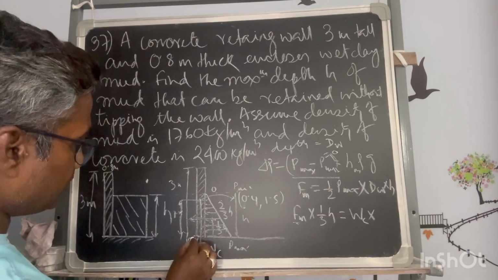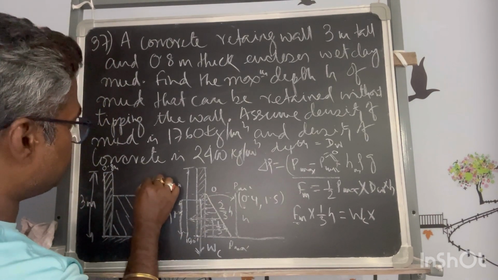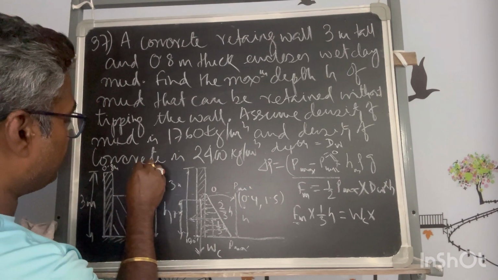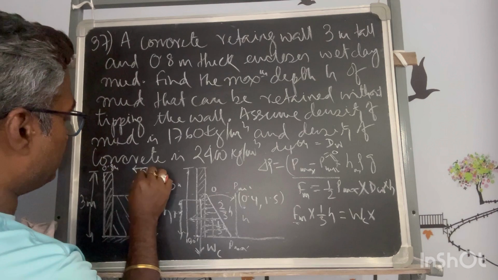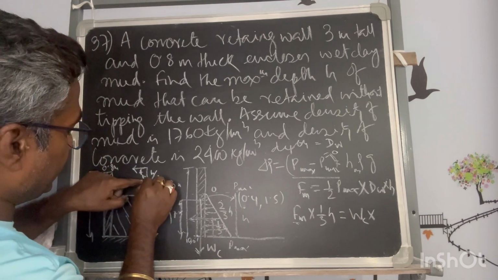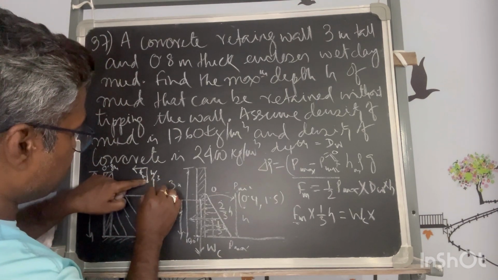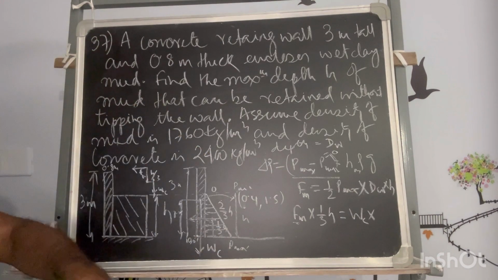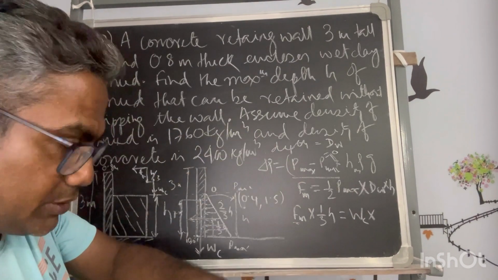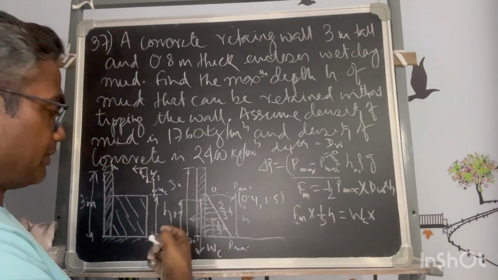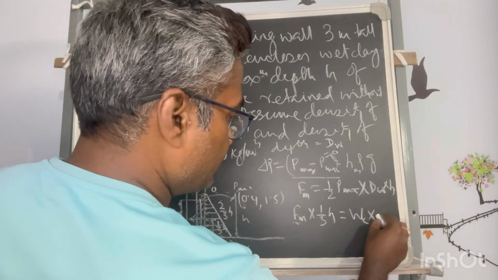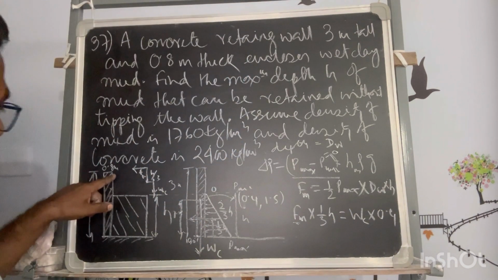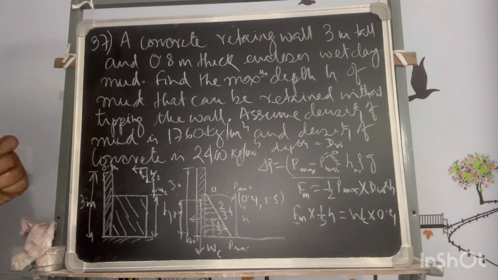I am talking about the origin. Against the origin, this is the force and the moment. This is h/3 into the mud force. This is creating the moment, and against this force, this is the WC and the distance. So this is trying to put it back in the location, and this is trying to take it out. So that moment will be the same, with 0.4. This must be the same.